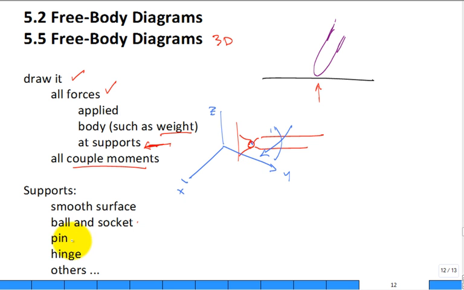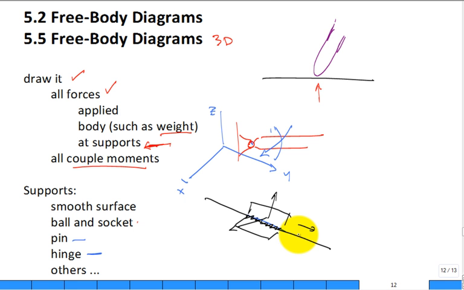Okay. Pin, just like we had in 2D, but with the pin, you can also think of a hinge. So if I have an object right here is a hinge, it's plate going up on this side and a plate going on that side. That hinge is going to stop it from shifting that way, that way, that way.